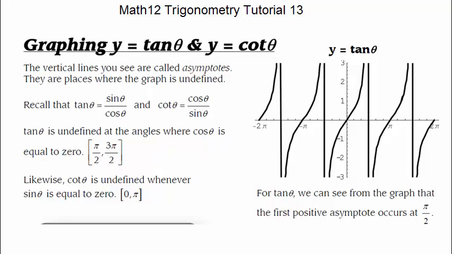Another thing is that the tangent function is an increasing function, which means when x is increasing, y is increasing. The cotangent function is a decreasing function, which means when x is increasing, the cotangent function is going to decrease like this.